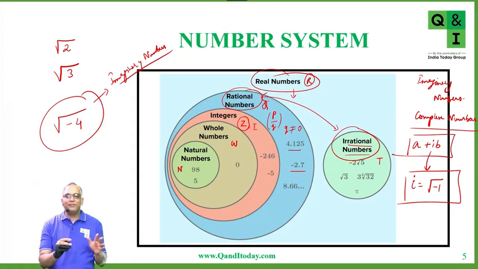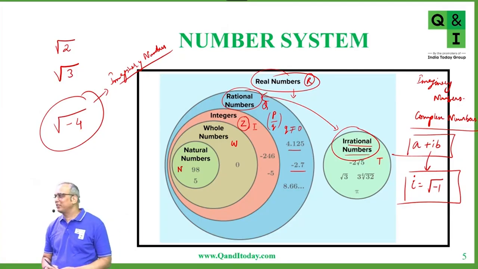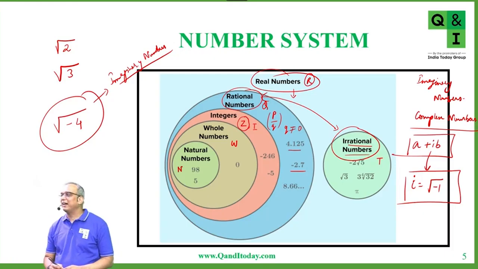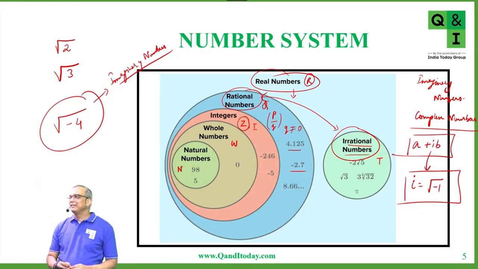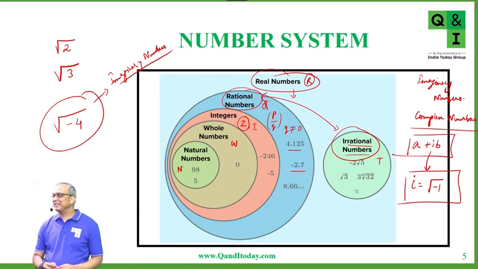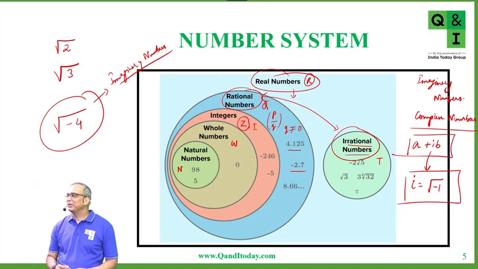But yeah, we'll keep on discussing all of this. Is it clear? Imaginary numbers are not included in our syllabus, right? This has to be done in class 11th. Sanjeev was asking about imaginary numbers, and that's why I was telling. Okay? Okay, let's go ahead.